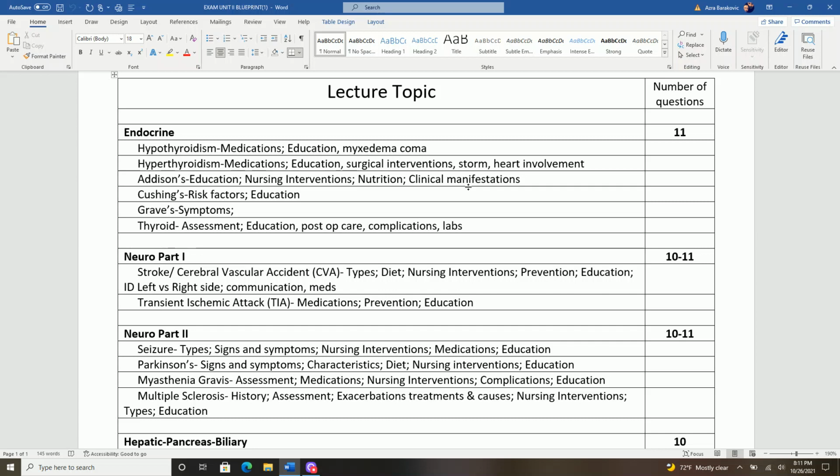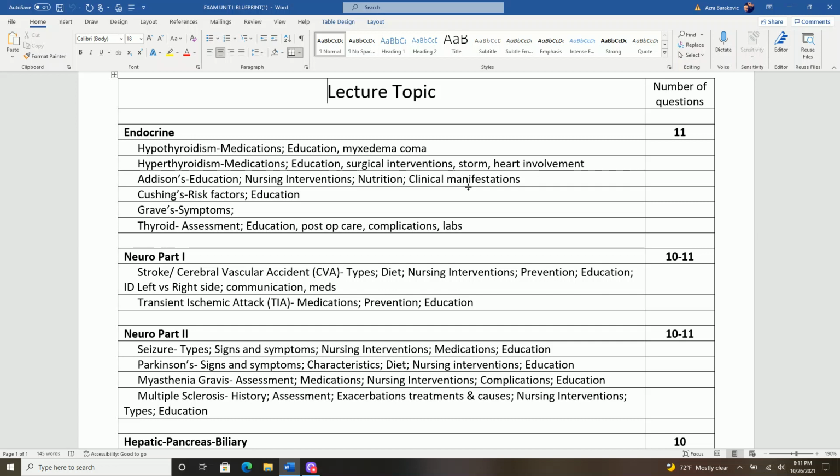spiel, if you will, you do need to know the differences between hypothyroidism and hyperthyroidism, what they entail, what the patient is going to look like. Really focus on signs and symptoms of myxedema coma and thyroid storm, okay?